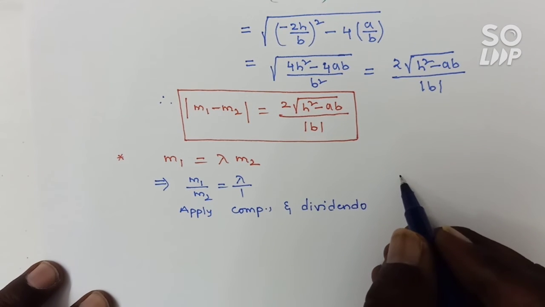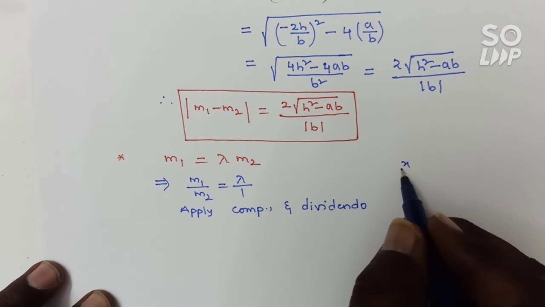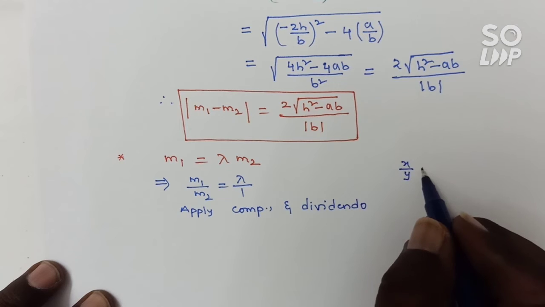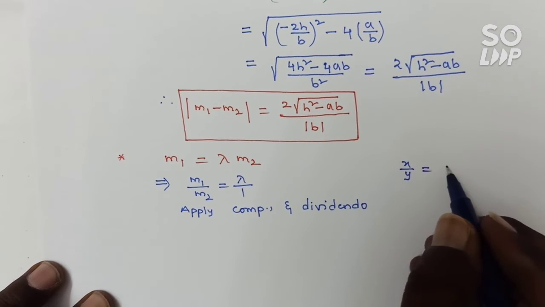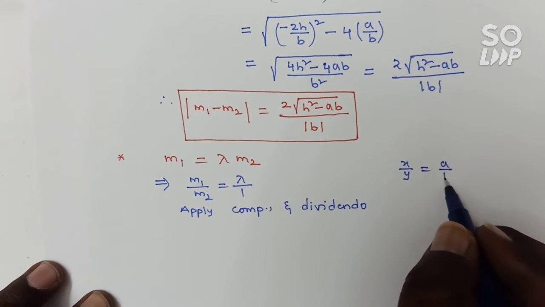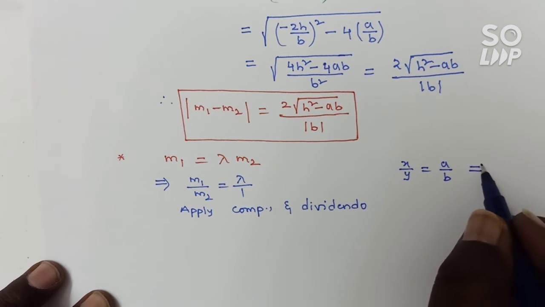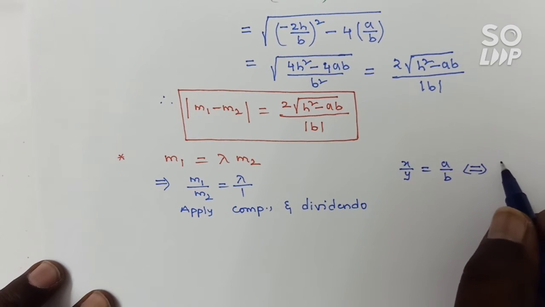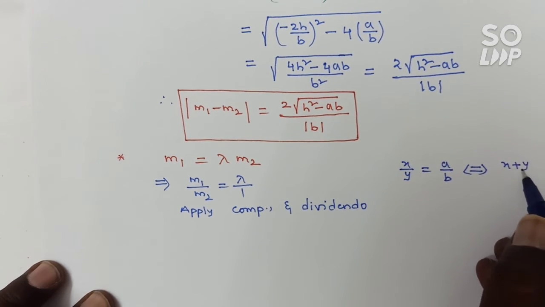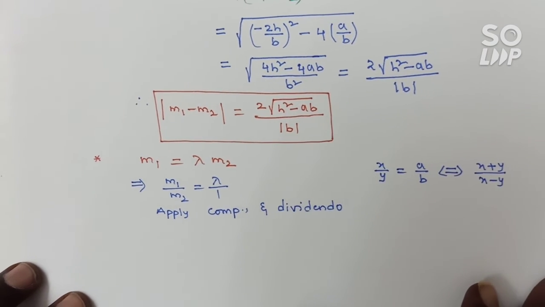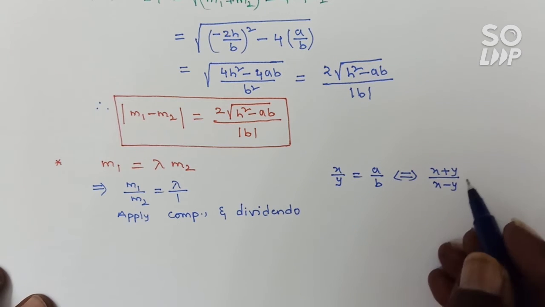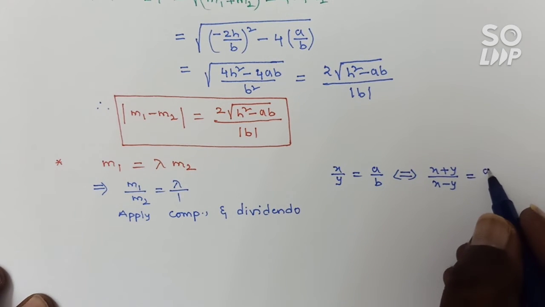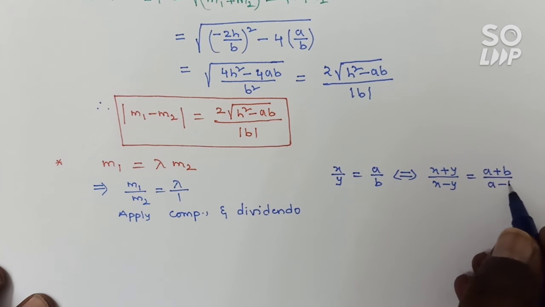So what is it? If x by y is equal to a by b, then componendo dividendo gives x plus y by x minus y is equal to a plus b whole divided by a minus b.